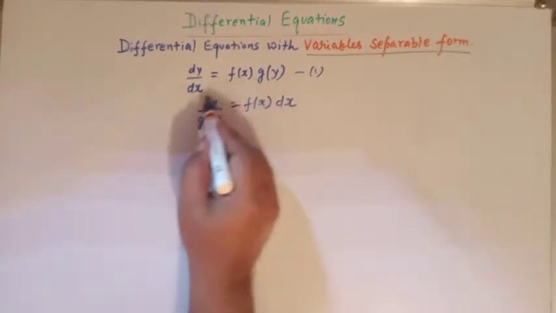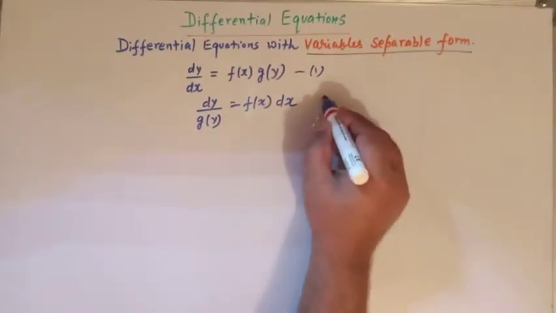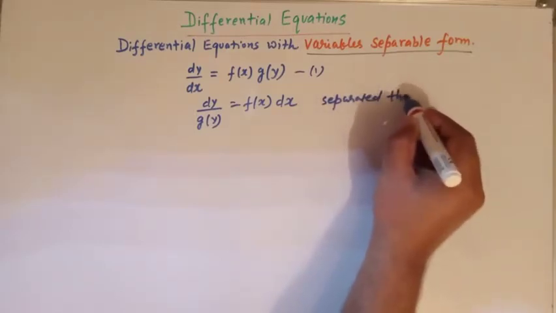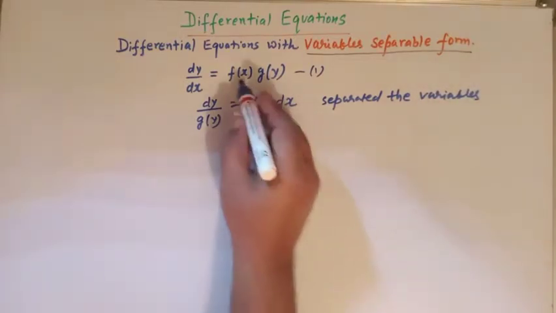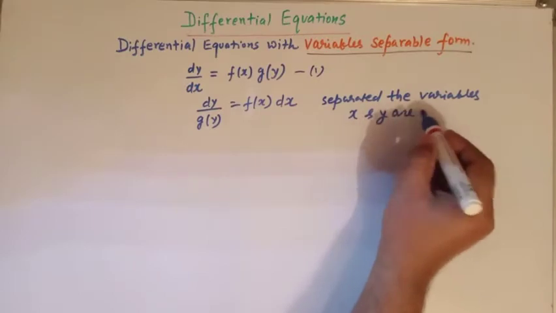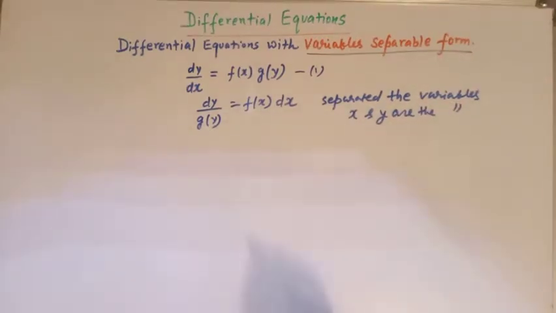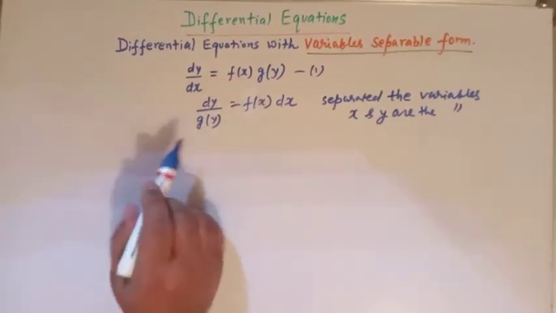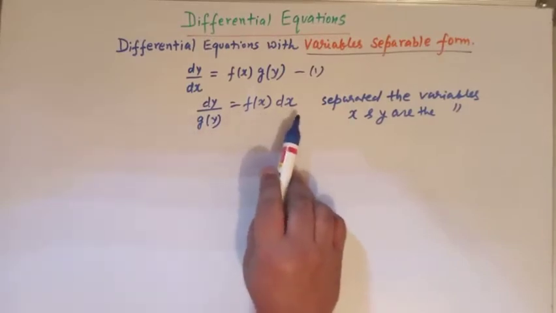Now this form shows that we have separated the variables. Clear? And what are the variables here? x and y are the variables. Clear? Now here we have separated y to the left hand side and x to the right hand side.